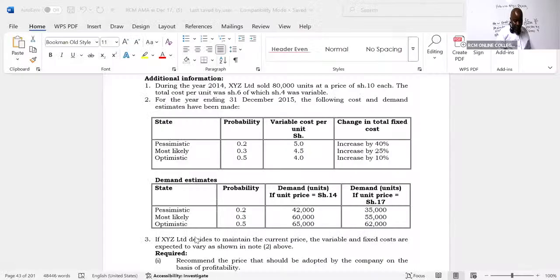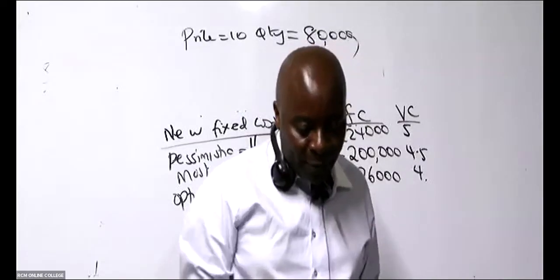If XYZ Limited decides to maintain the current price, the variable and the fixed costs are expected to vary as shown in note 2 above. There is nowhere they're giving us information about this 80,000 quantity varying. So not our problem, gentlemen. We are wise people. We shall come and provide the 3 profits.